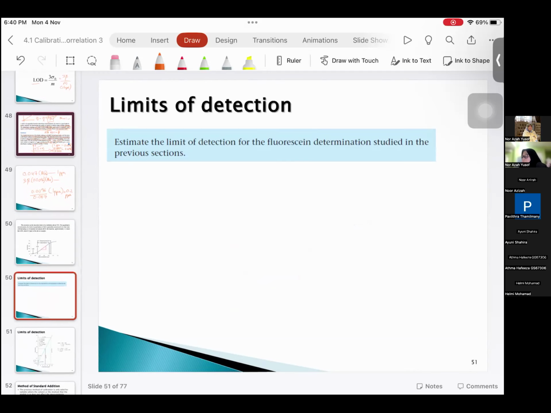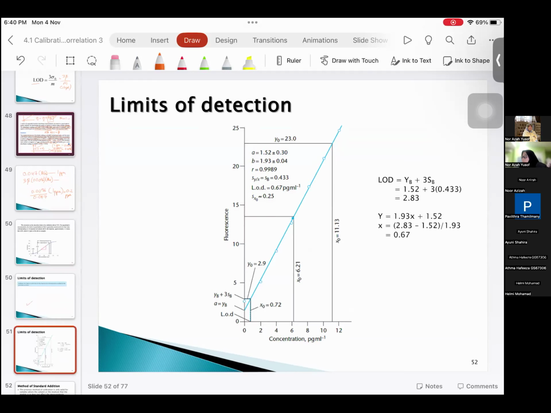So the limit of detection, this one, I think can be referred back to the Excel. This is at least one example that uses alpha plus 3 beta.